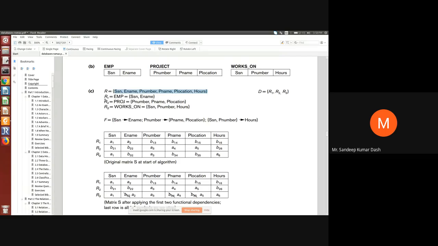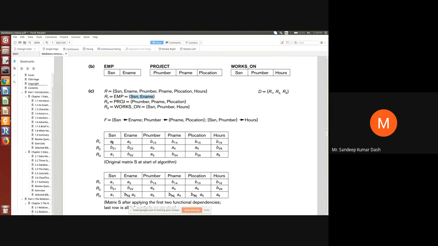For each relation, insert a row, based on the presence of the columns in the relation. Mark the value as A. If the column name is not present, mark it as B.